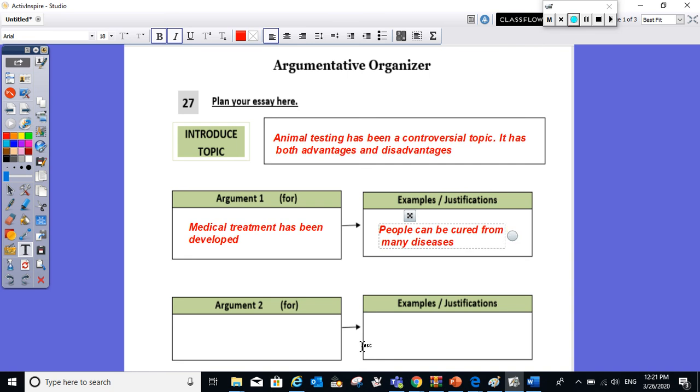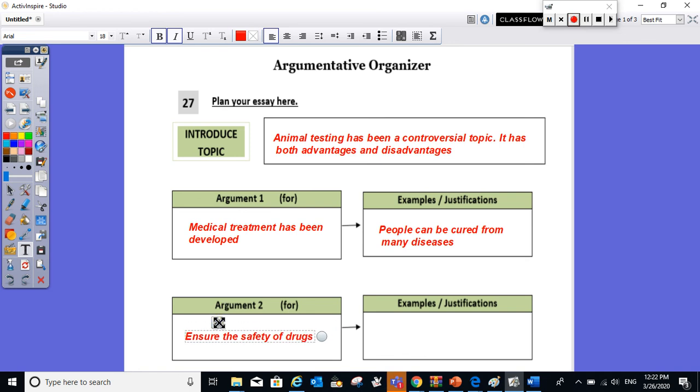Now for the argument number two, see in the planner we have two arguments for, two advantages. So, argument number 2, ensure the safety of drugs. This means when you do experiments on animals, you will make sure if this drug is safe or not.